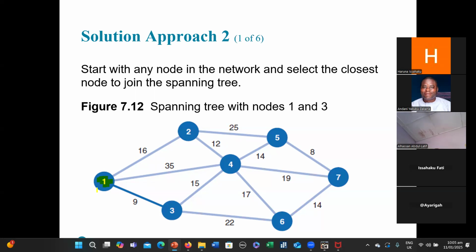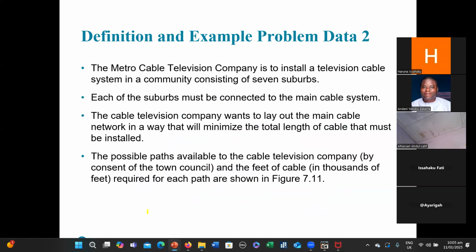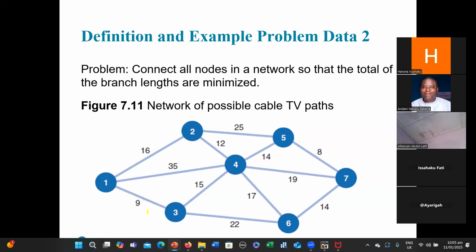You see that the closest distance from node 1 is 3, which will take 9,000 feet.